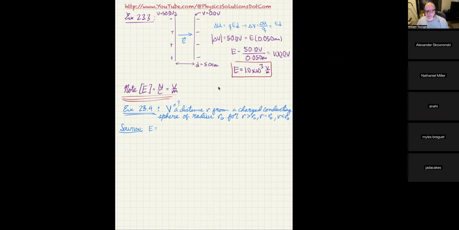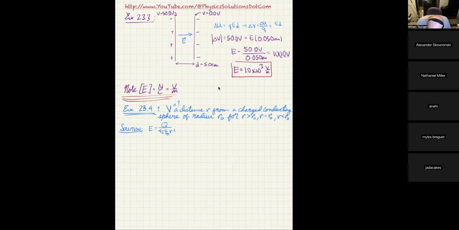The only difference is that in between the center of the sphere and the edge of the sphere, that's not valid. We have to deal with the fact that the sphere is actually a conductor and it has a charge on it. But either way, for r greater than r0, we know that the electric field is going to be Q over 4 pi epsilon naught r squared.